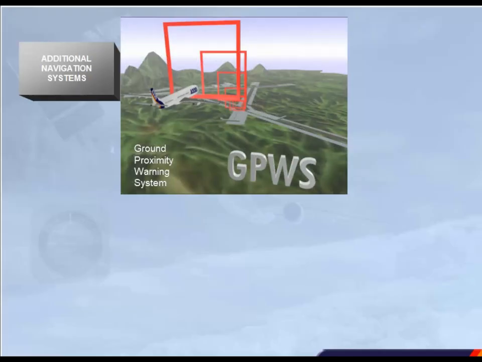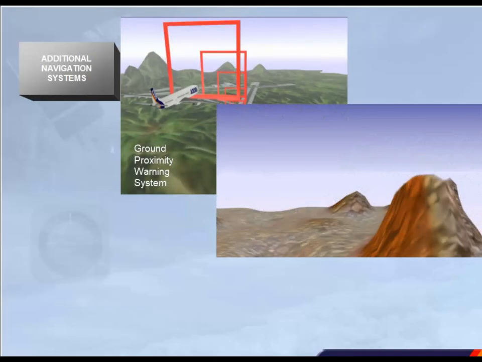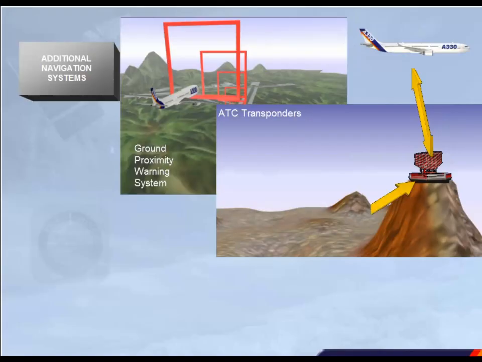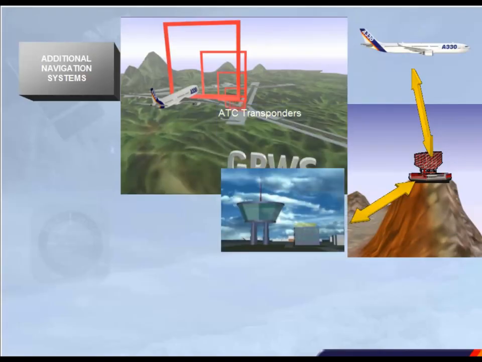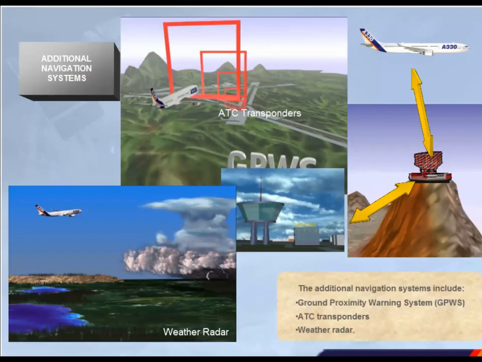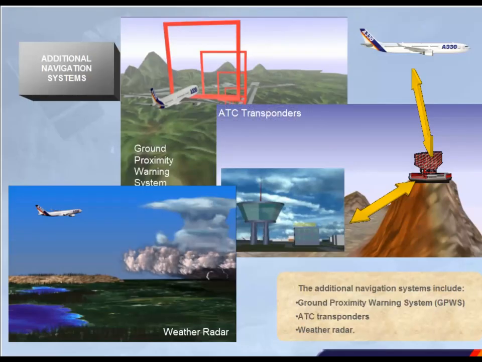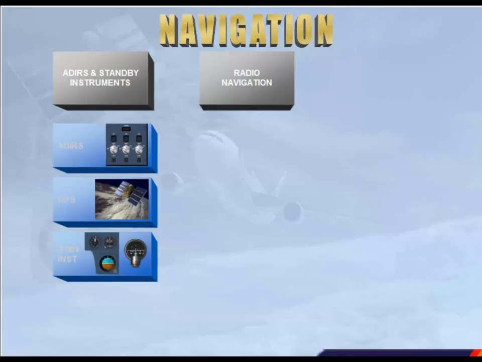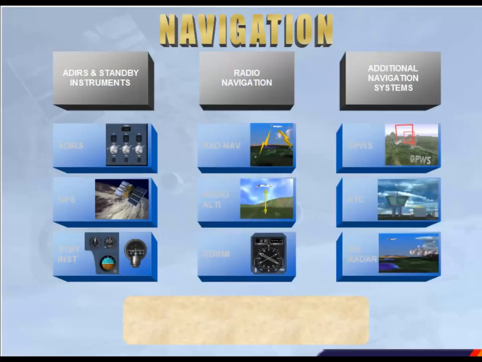The additional navigation systems include Ground Proximity Warning System, GPWS, ATC transponders, and weather radar. This completes the introduction to the subjects that will be covered in the following modules.